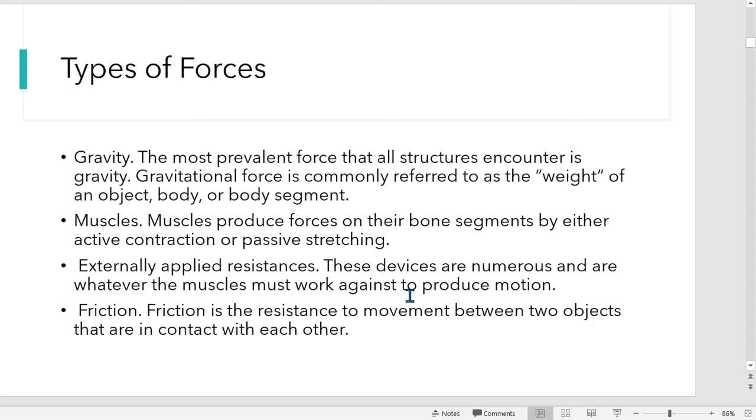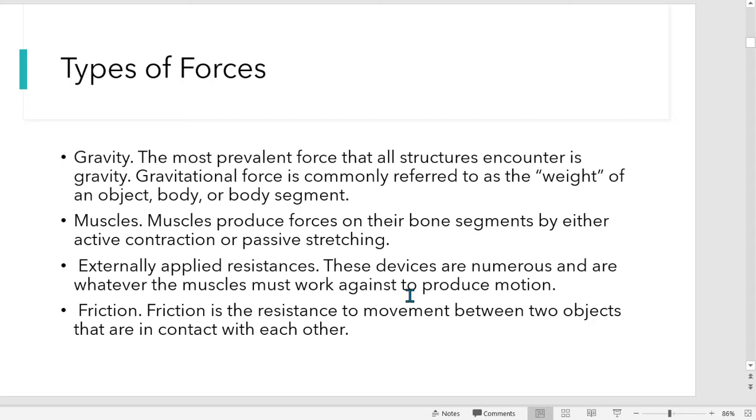Muscles produce forces on their bone segments by either active contraction or passive stretching. So the muscles produce forces when they contract, or when you say contract, when it exerts effort.